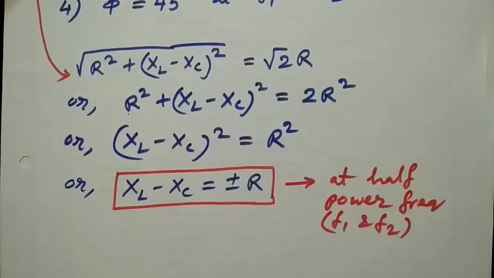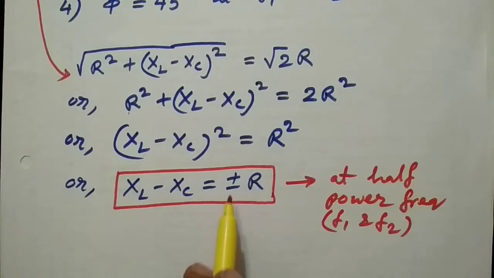Now the value of XL minus XC may be either plus R or minus R. That means XL may be greater than XC, or sometimes XL may be less than XC.